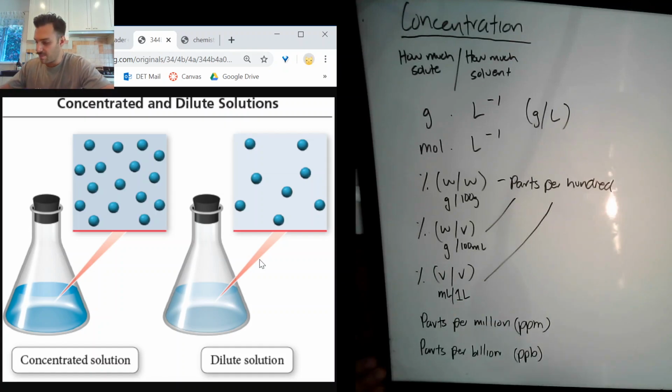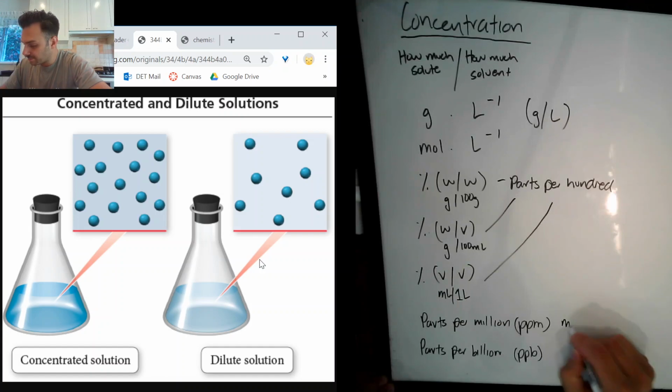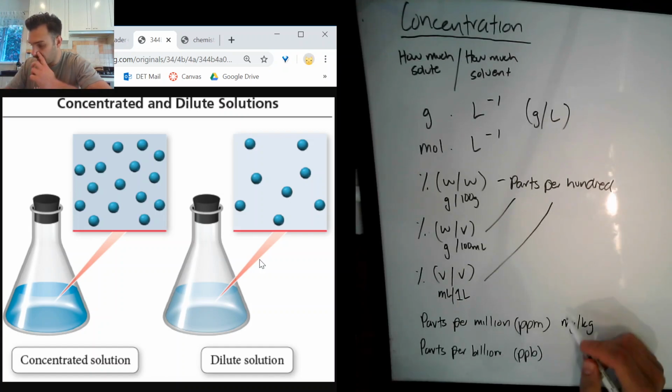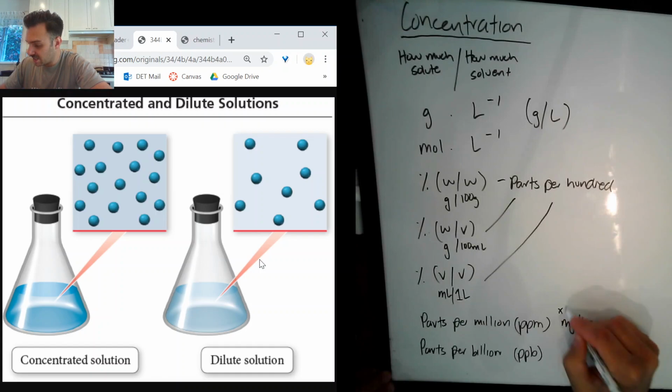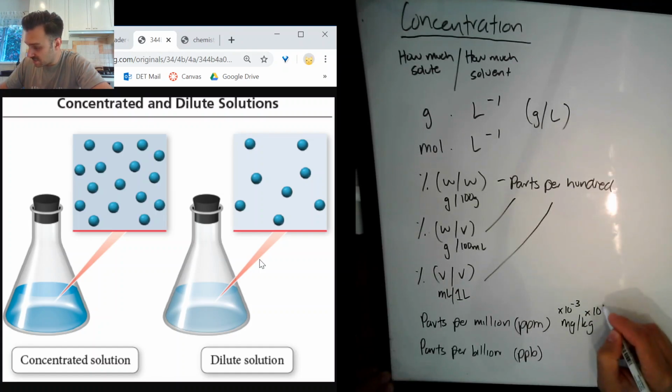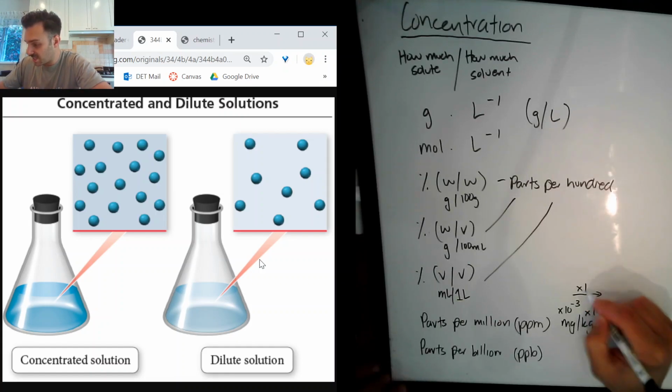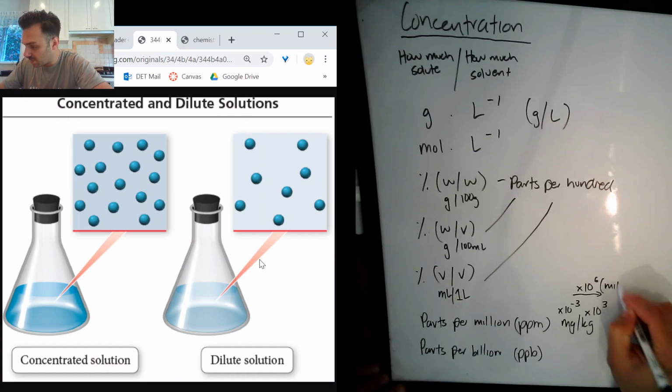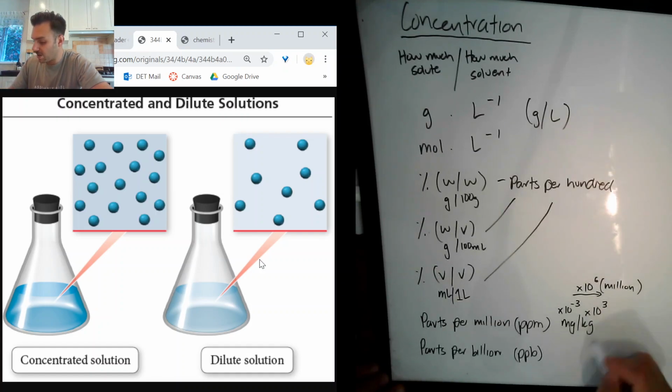Another way to think about ppm is milligrams per kilogram. Milligrams being times 10 to the minus 3 grams, and kilograms being times 10 to the 3 grams. To get from one to the other, we're talking about a jump of times 10 to the 6, or 1 million. So it's parts per million, milligrams per kilogram. You can do the same thing with parts per billion.